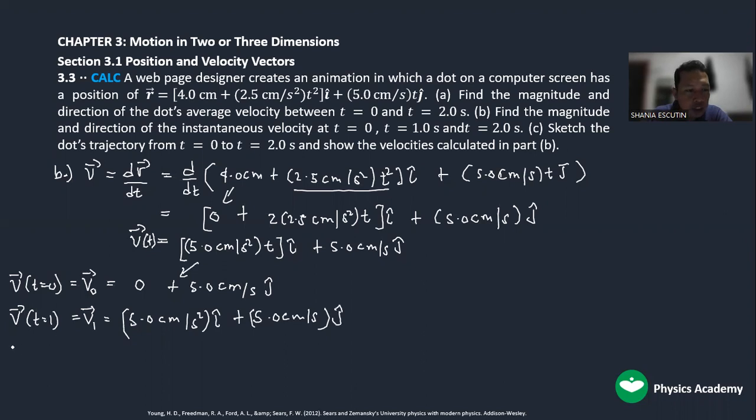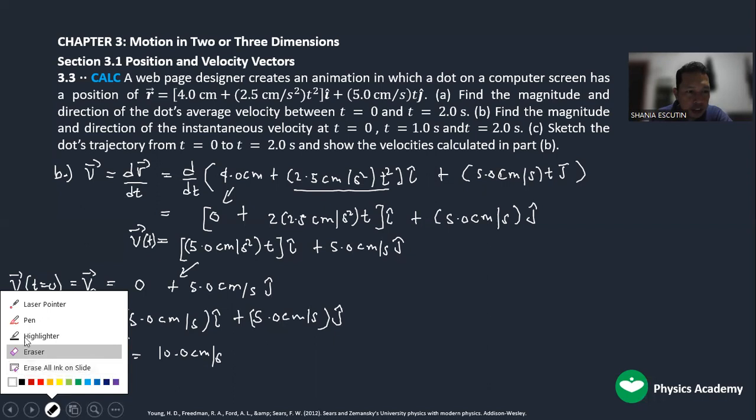So when t is equal to 2.0 seconds, we call this one v sub 2. Here we have 2 times 5, so we have 10.0 centimeters per second squared times seconds. Actually, this will become centimeters per second because seconds will cancel out.